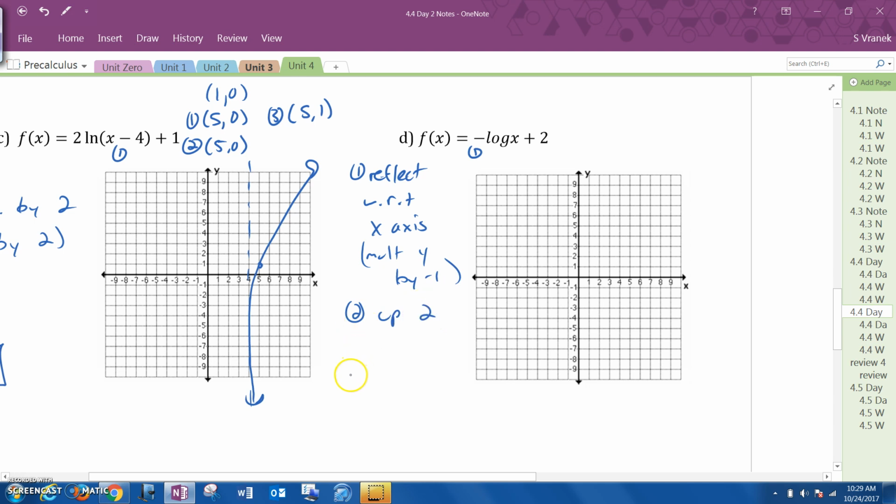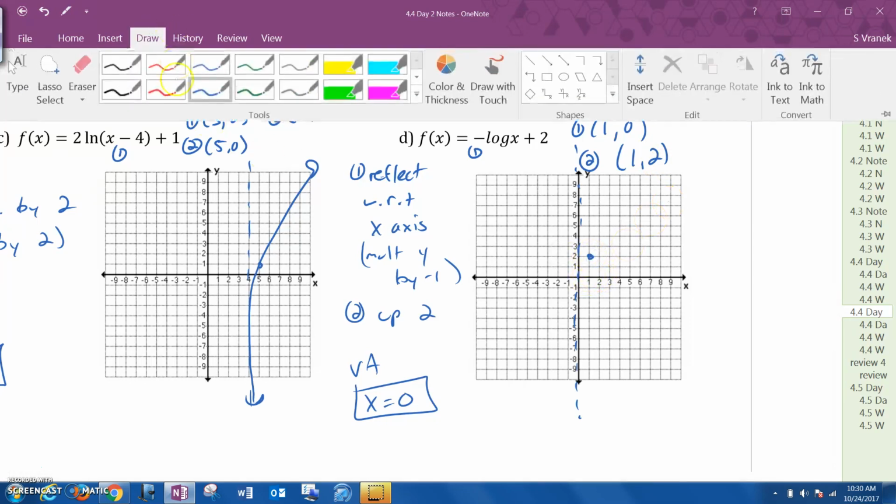So what's nice about this is the vertical asymptote did not move because there was no left or right shift. The point starts at (1, 0). The reflection doesn't do anything to that point. So then the final thing moves it up 2. So we're at (1, 2). So I'm at (1, 2).